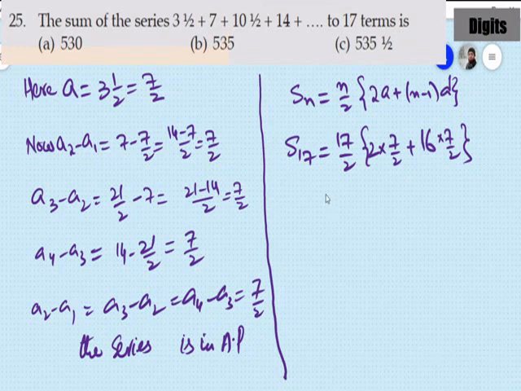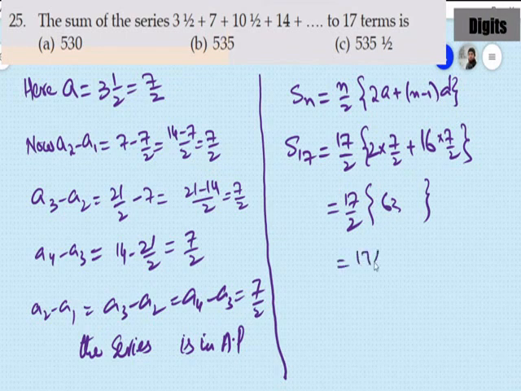So we can say it will be 17 by 2 into, after simplifying, this is 63.